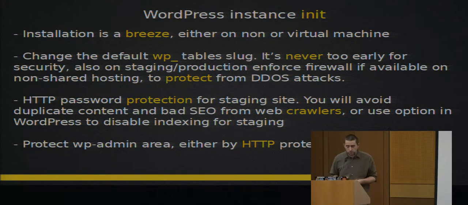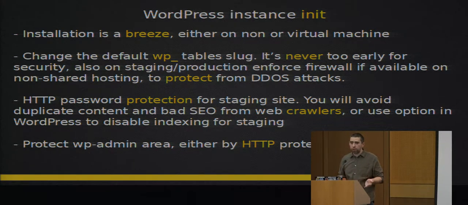HTTP password protection for the staging site. Now, why is this important? You will avoid duplicate content and bad SEO from crawler websites, because you will have content on the staging instance. For example, the client has placeholder content, and then when the site is put in production, you need to transfer it to live, but it's just hanging there.